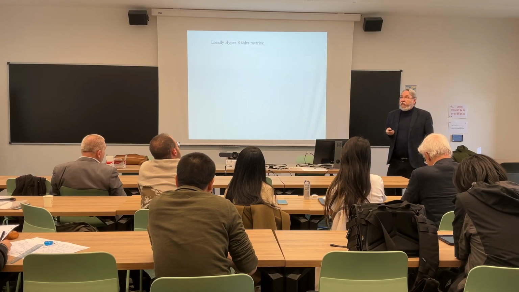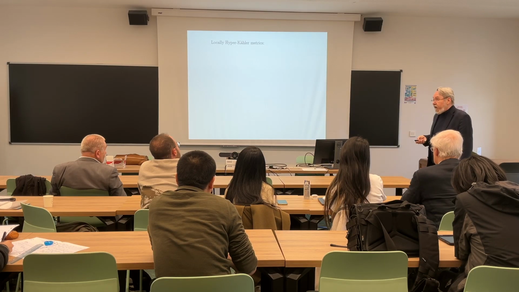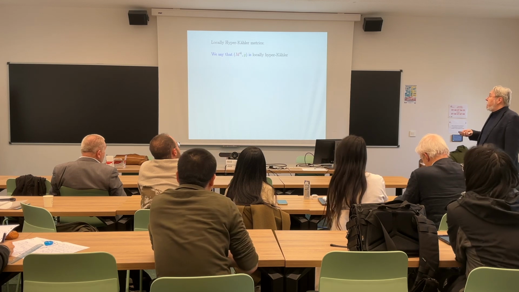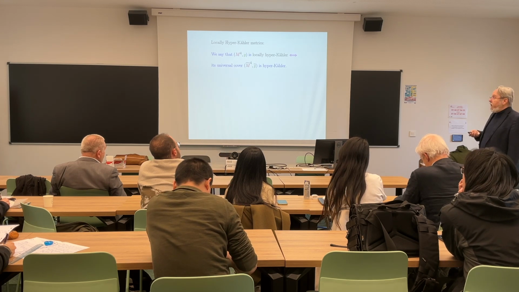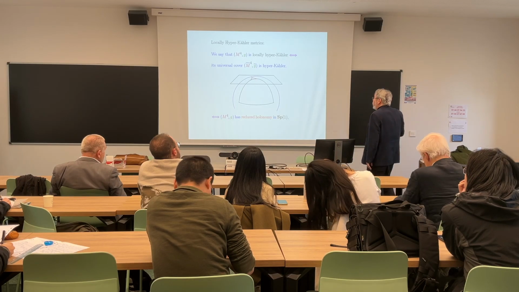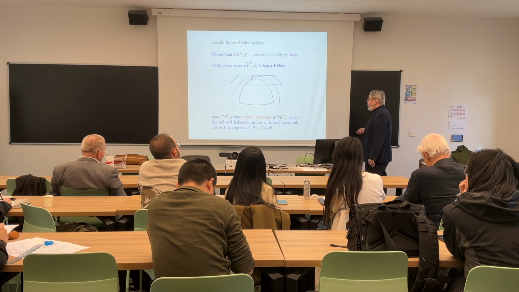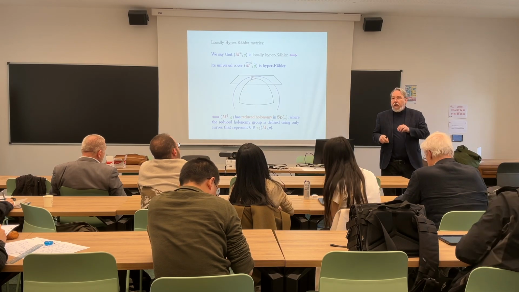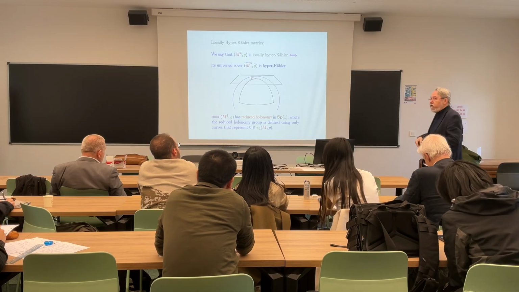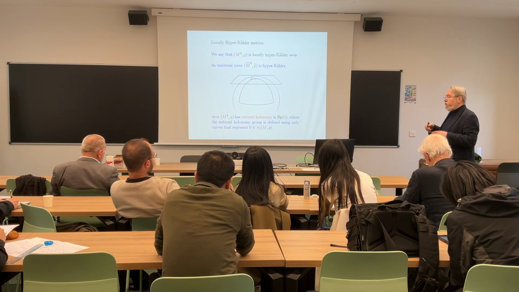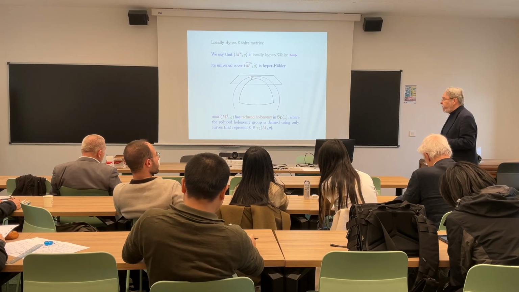If I use the term locally hyperkähler, that means that the universal cover is hyperkähler, and in dimension 4, that's exactly saying that the manifold has reduced holonomy in SP1, where reduced holonomy means that rather than considering all loops, only consider those loops which are null-contractible. Those are the ones that lift to loops in the universal cover. The holonomy around such a loop exactly corresponds to a holonomy transformation of the universal cover.